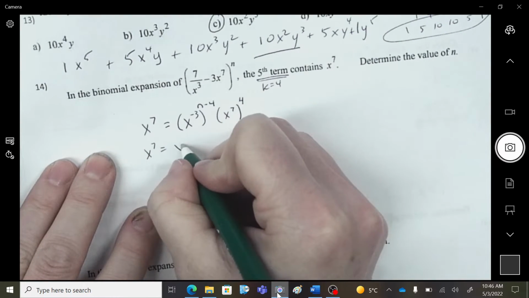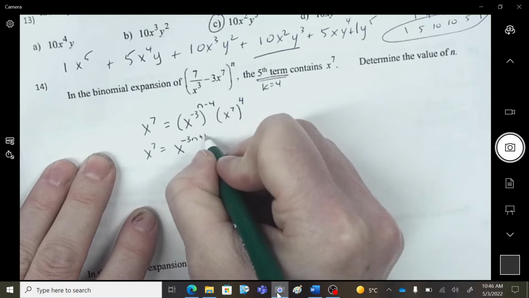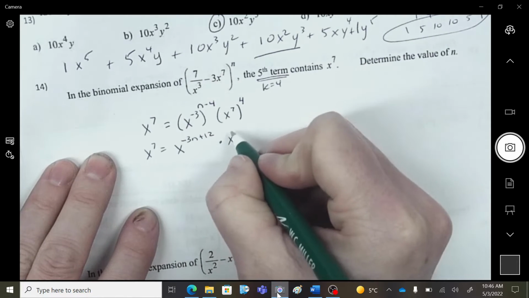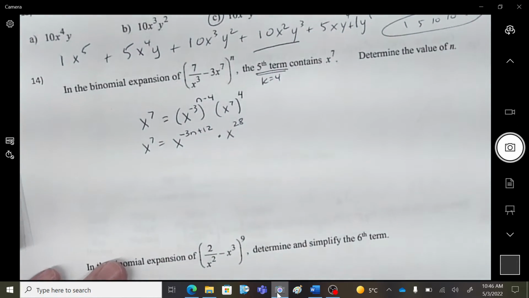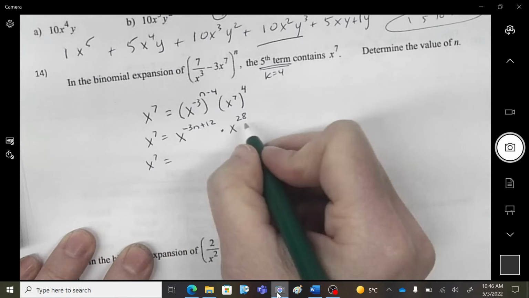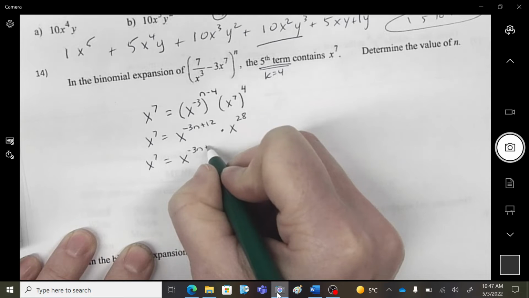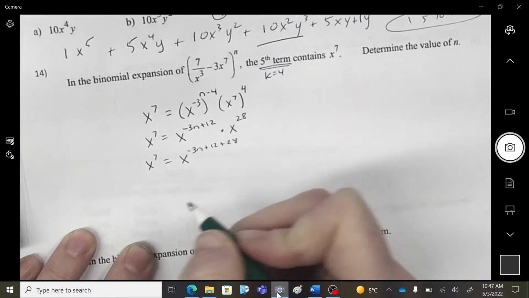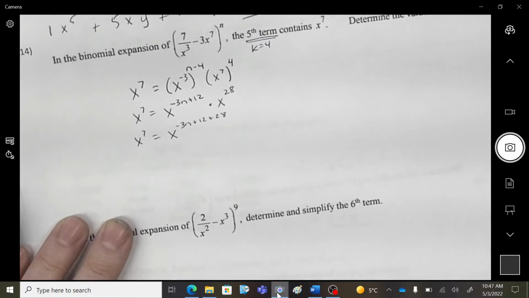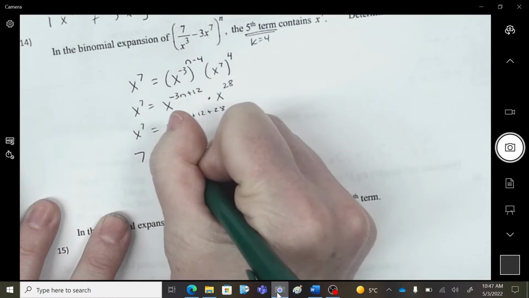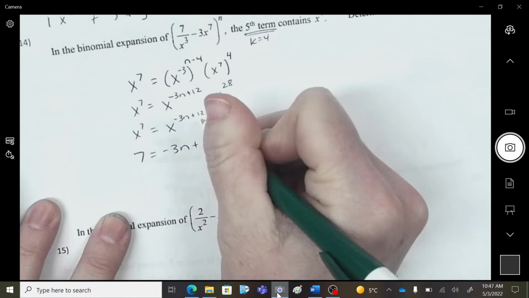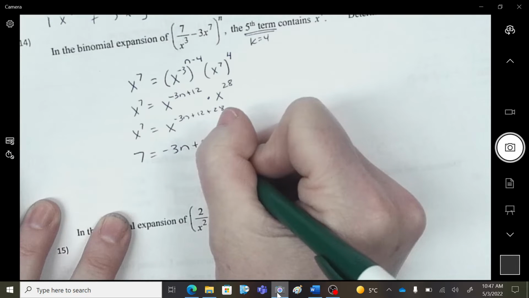So I'm going to multiply those exponents, so -3n plus 12. Multiply those exponents. Then I'm going to add the exponents with the same base.